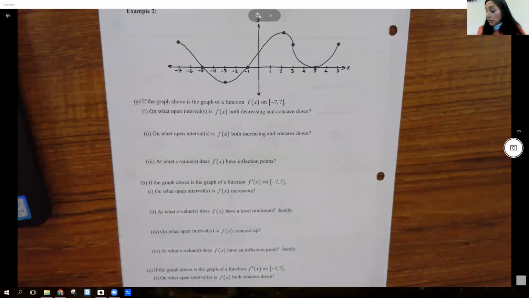And then let's get into groups and go through these, because it's probably better for you guys to talk it out with each other than to just listen to me jabber on and on. So let's do that.